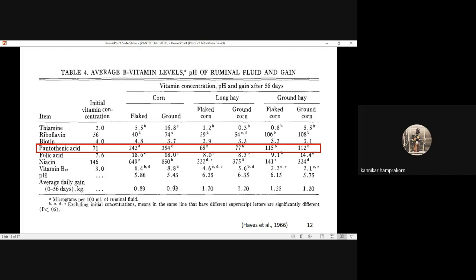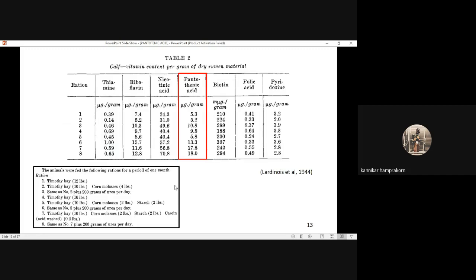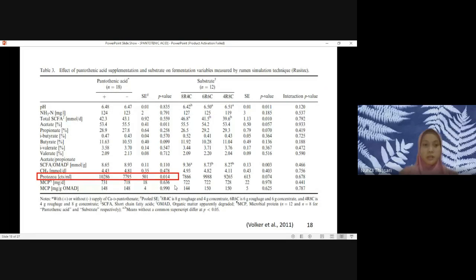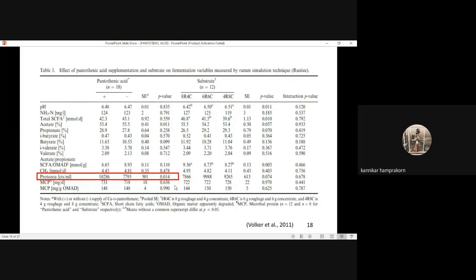I am a little bit confused about slide 18, table 3.